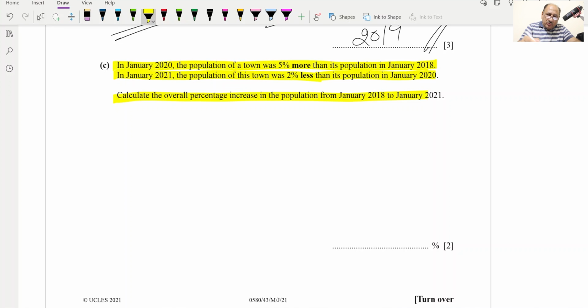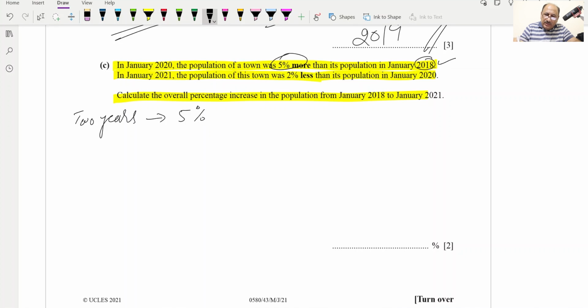So first 2 years, we can write 2 years. First 2 years percentage is 5%, and next is basically a decrease. In January 2020 the population of the town was 5% more than in 2018.